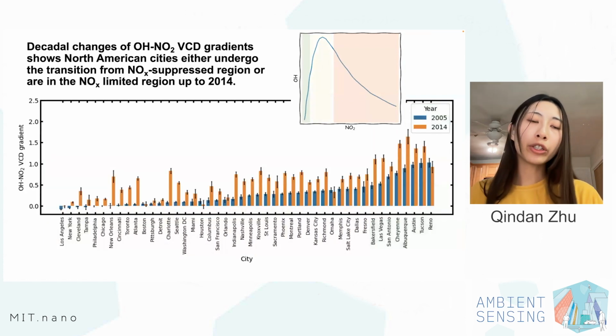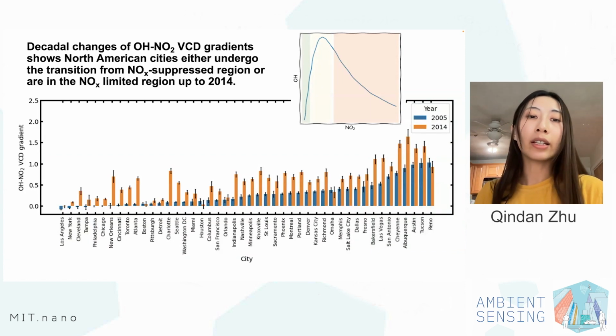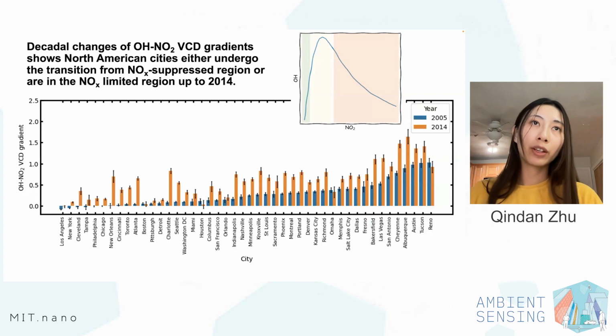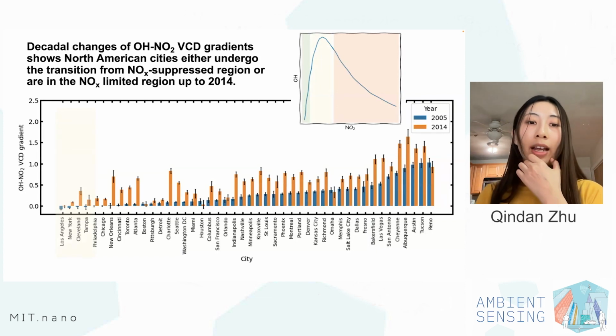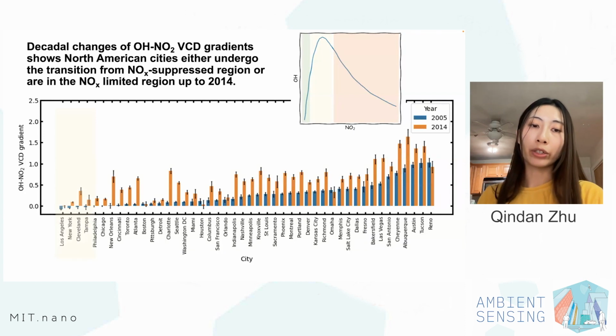However, if we switch from 2005 to 2014, we see that the gradient experiences significant changes. In general, most cities are seeing an increase in the gradient, but to different degrees. For instance, the first group is transitioning from a negative gradient to near zero or a positive gradient, indicating that they were transferring from the NOx suppressed regime to the transitional phase.